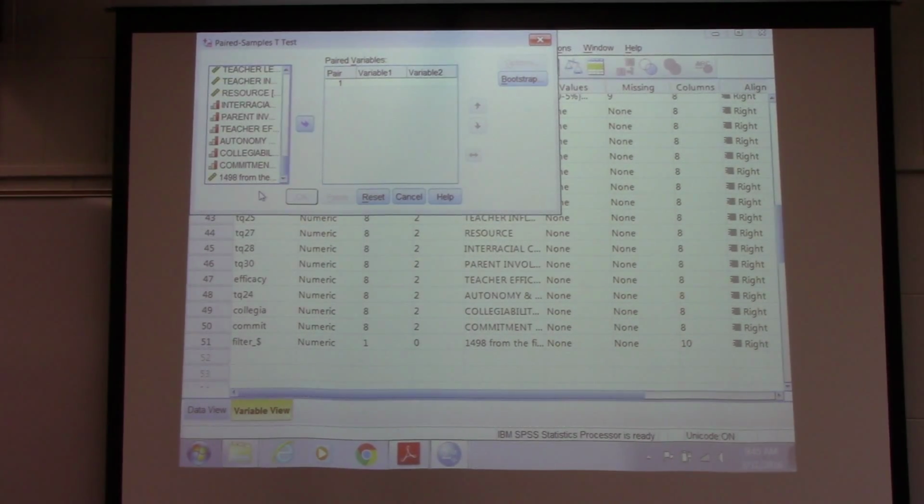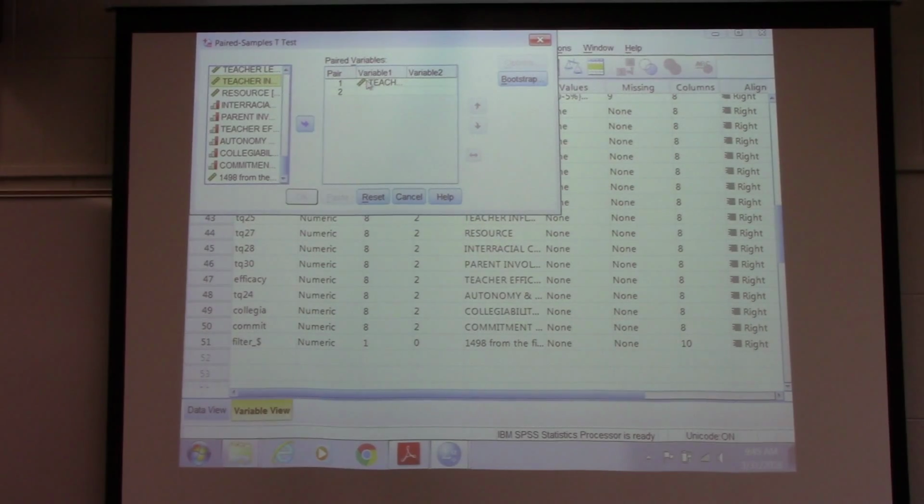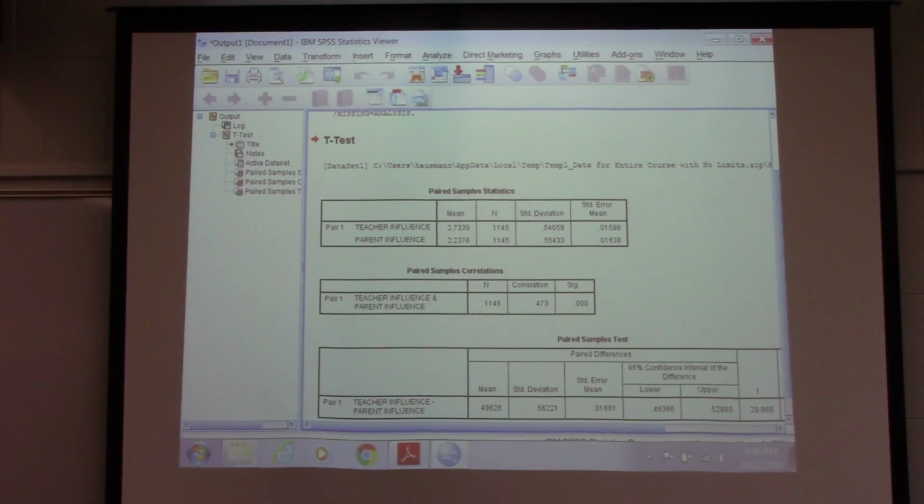I'll go down to the bottom and I'll see TQ25, teacher influence, and I double click, and it moved over to variable 1, then I'm just going to go about 5 spots ahead of that, and I'm going to click on parent influence and click OK. And that's all I need to do.